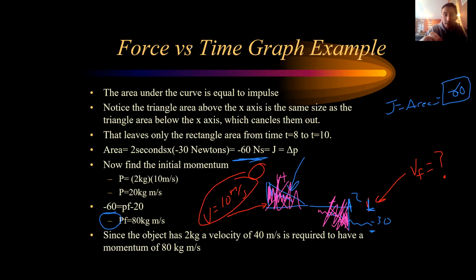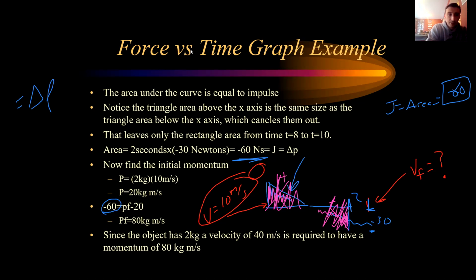Knowing that our impulse here was negative 60. So the impulse is equal to change in momentum, right?